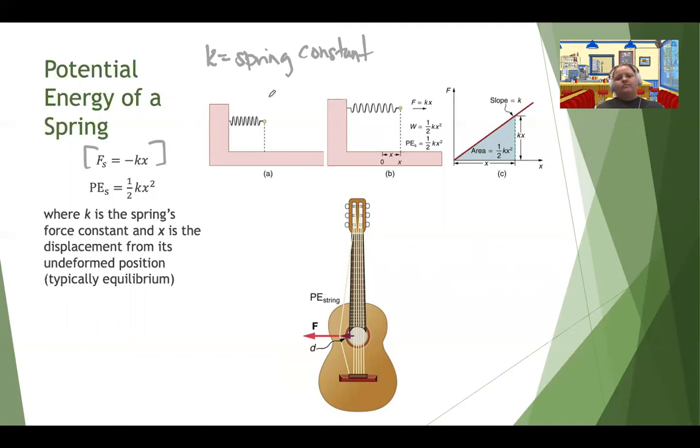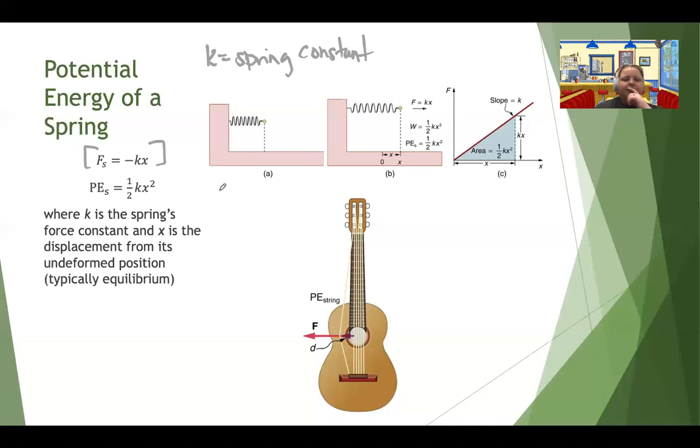So think about it this way. If you're feeling a spring and it's kind of hard to press or extend or compress, it'll have a different spring constant than one that is very easy to move back and forth. That's how it's described.